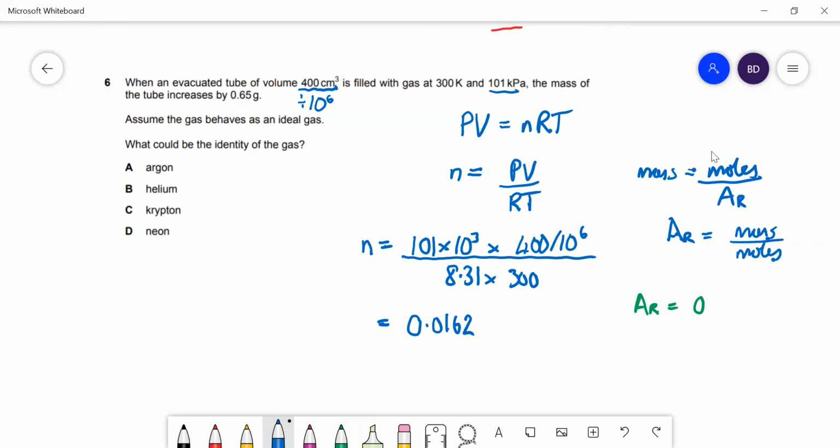So Ar is going to be equal to the mass of the gas, they tell us, was 0.65, and the number of moles is, we just worked that out, 0.0162. That comes to about 40, which is the Ar of argon. So A is the answer there.